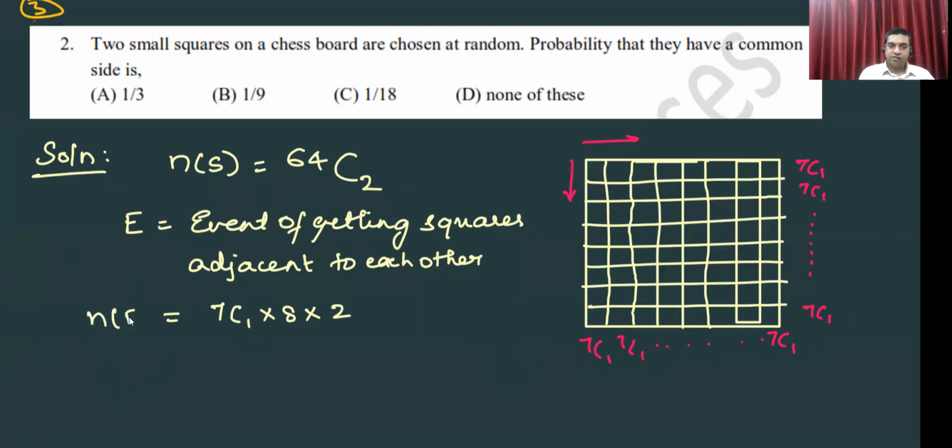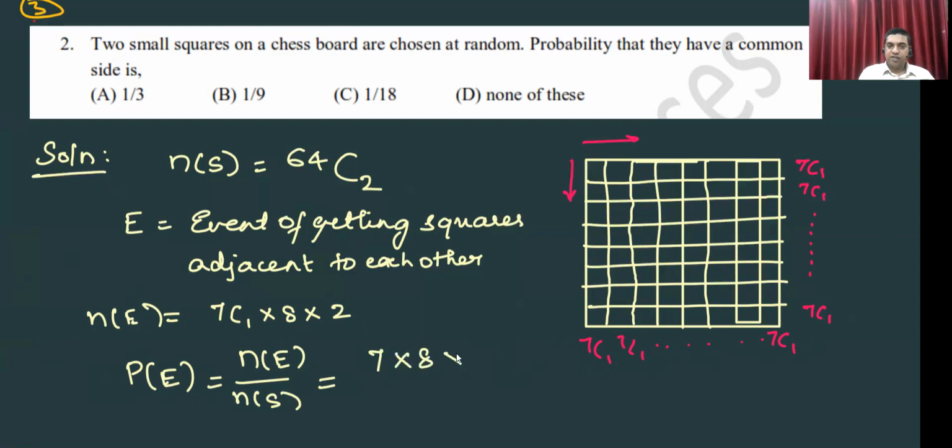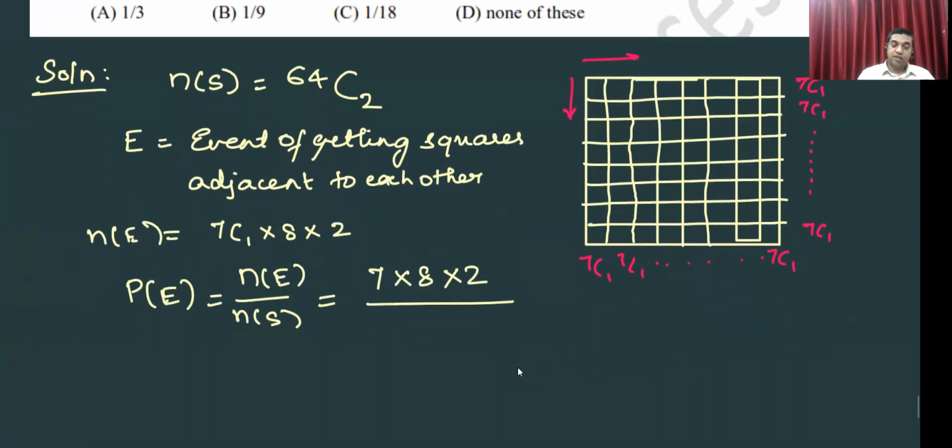N of E. So the probability of E will be N of E upon N of S, which is 7 into 8 into 2 upon 64C2. 64 into 63 by 1 into 2.